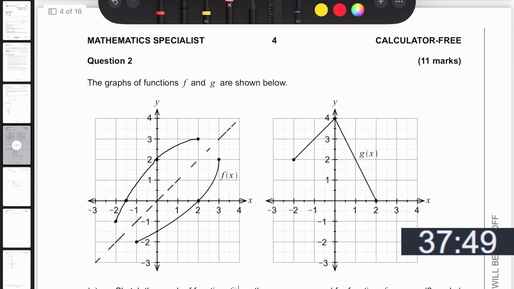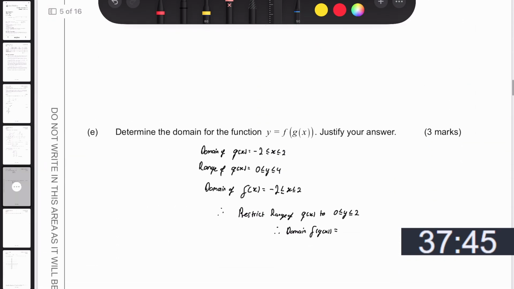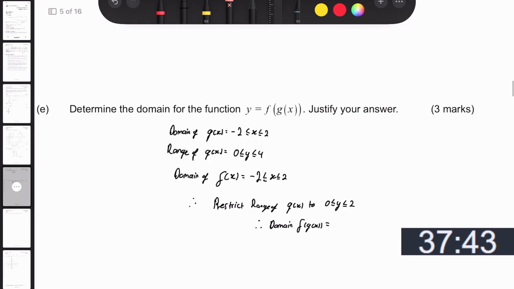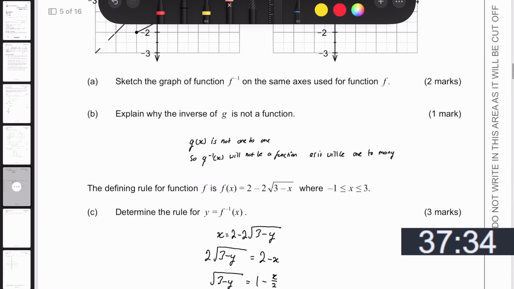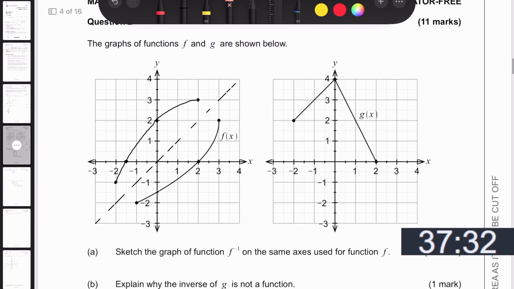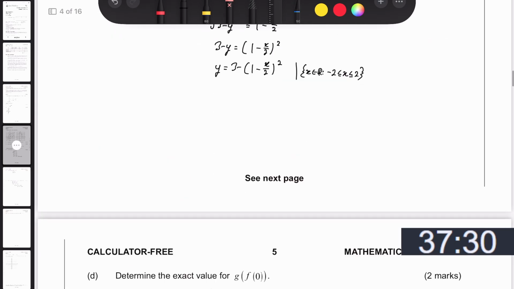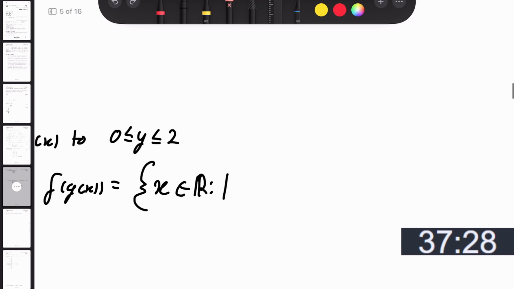x equals, x is going to equal, so x is a part of the reals such that x has to be from 1 to 2, or x equals negative 2. 1 less than or equal to x less than or equal to 2, or x equals negative 2.